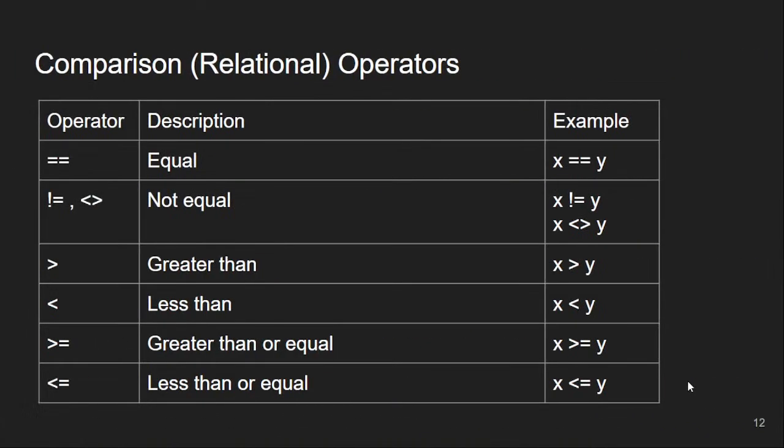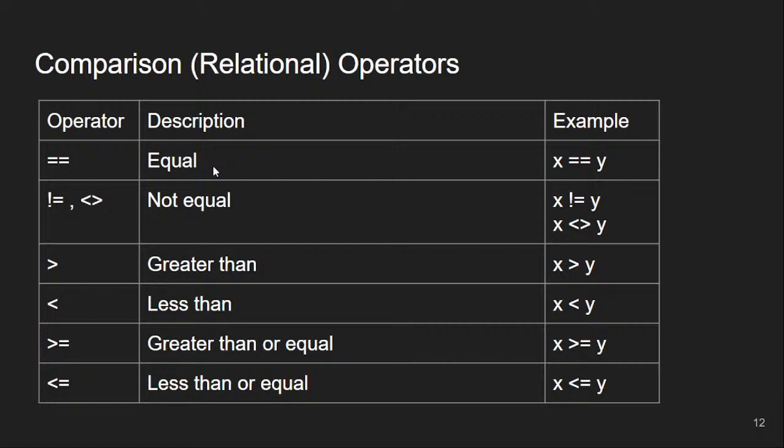Then for your comparison operators, we have equal to, and you will notice that when you are trying to see if two entities are the same, you use the double equal to symbols. You don't just use one. If you are using one equal to, that means you are referring to assignment. You are trying to assign what is on the right hand side to what's on your left hand side. But when you use the double equals sign, you are referring to the equal comparison operator.